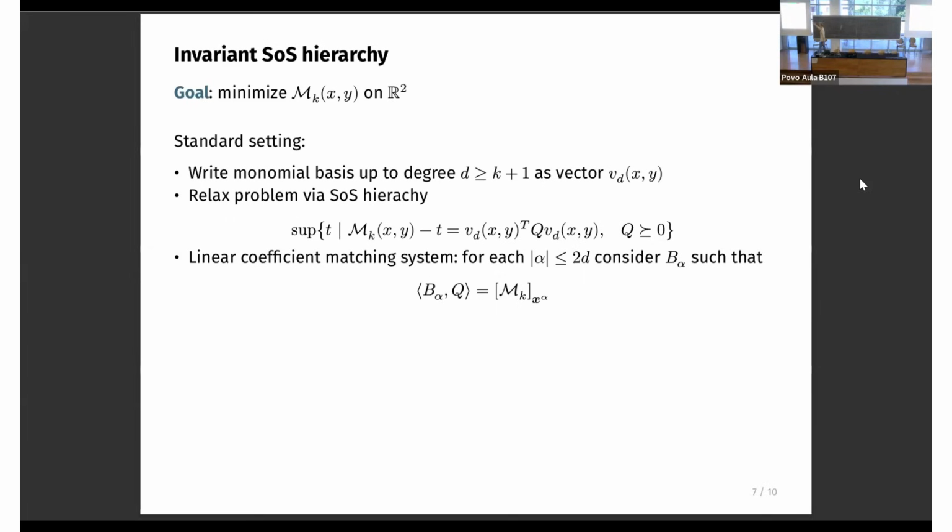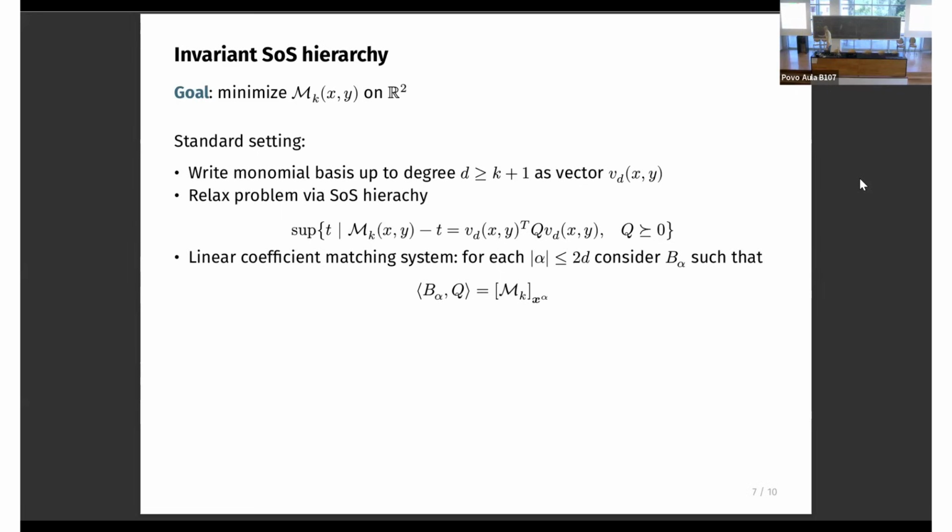And then this equation looks nonlinear, but of course, if you write it down, it's just an equation of two vectors. So you get this, and you can find suitable matrices such that for every single exponent, you get one equality constraint like this.